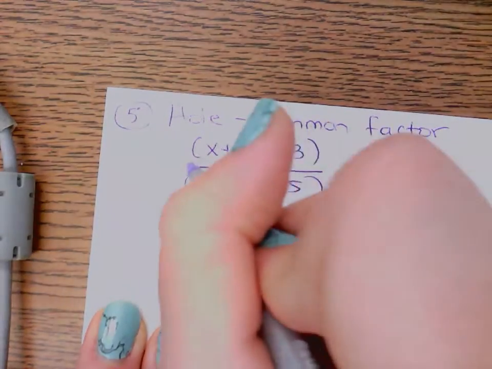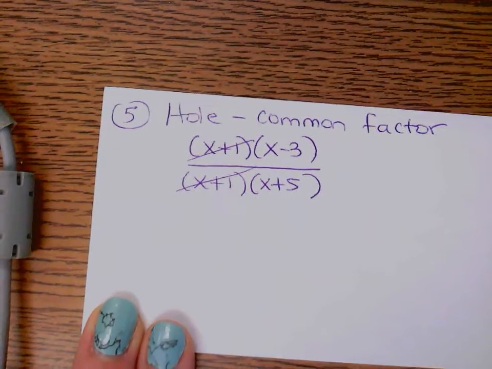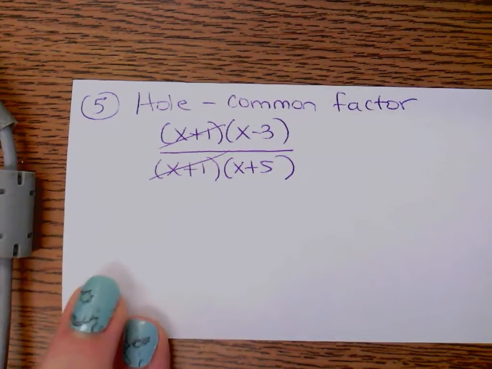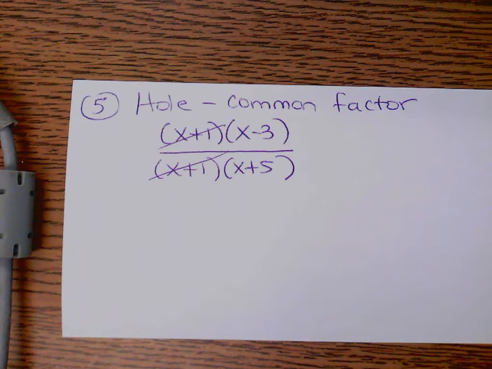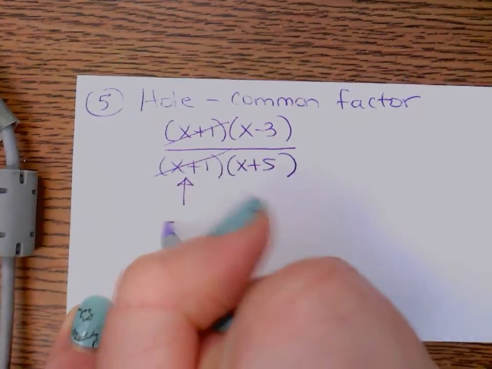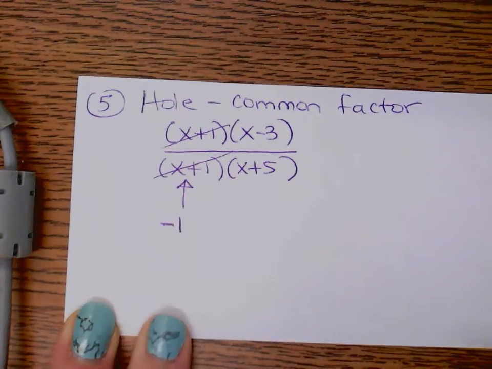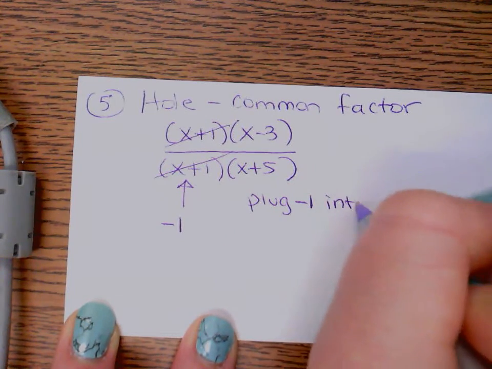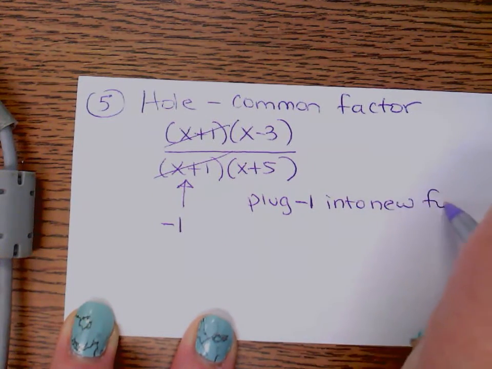I cancel my x plus 1s. How do I find the hole? What's the hole going to be at? Yep, so the 0 was -1, right? So we're going to plug -1 into the new function, right?